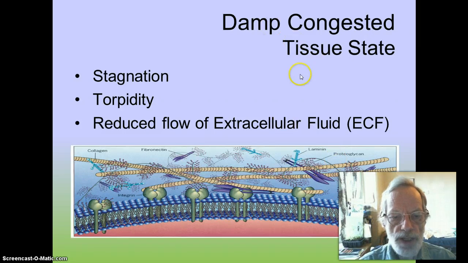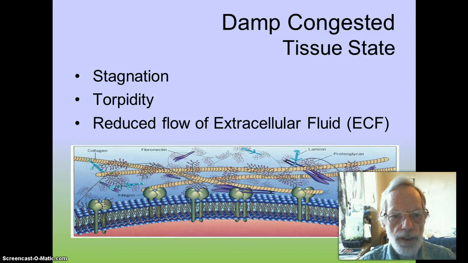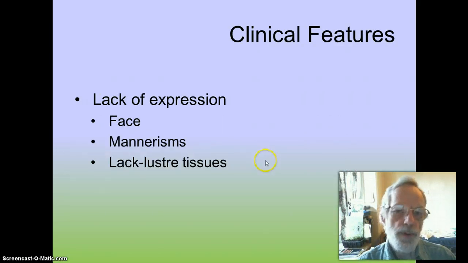However, in a damp congested tissue state, there is overall in the whole body stagnation, torpidity, and a reduced flow through the extracellular fluid. So to understand the problems that can cause, we'll come back to that in a minute, but the kind of clinical features you might expect with that stagnated state is a lack of expression in the facial features.